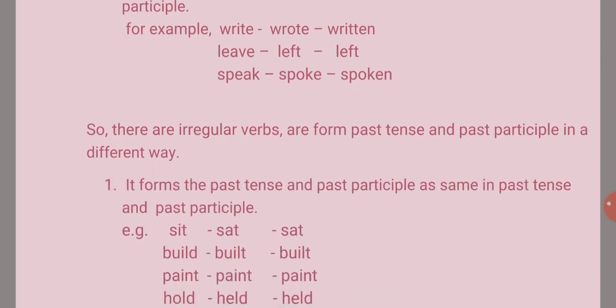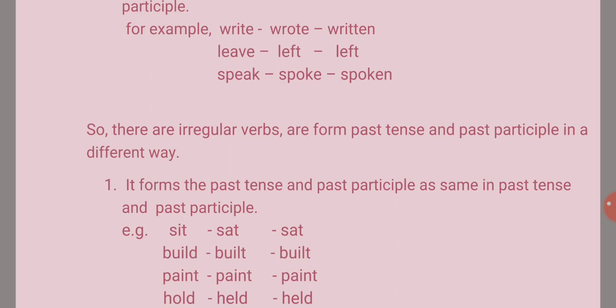In one type, the past tense and past participle are the same. This means the base form of the verb changes in a different way in the past tense, and in the past participle it remains as it is.